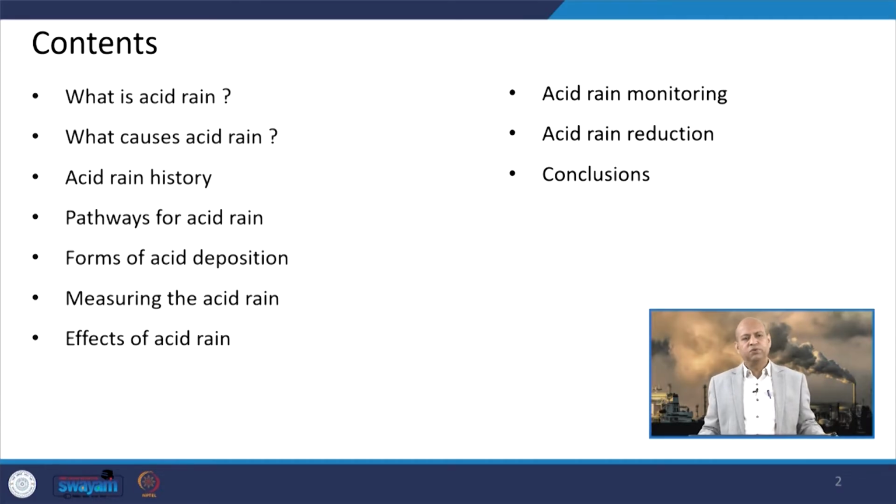Then we will see how to measure acid rain and its effects, and the monitoring networks responsible for monitoring it, so that its intensity and the areas where it is more severe can be known. We will also discuss how to control and reduce acid rain, and at last we will conclude.